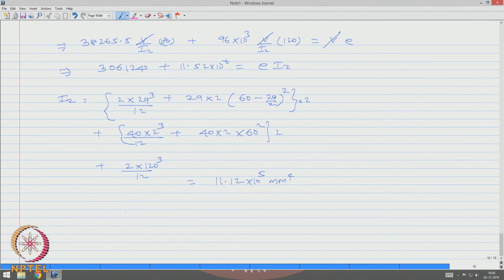Substituting in the above equation, E is 13.11 millimeter.